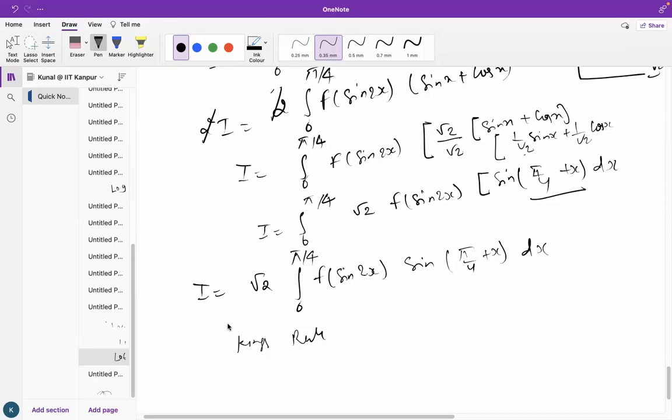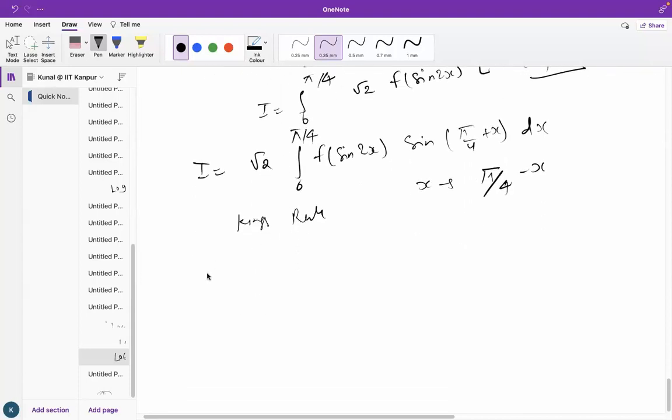So just try to analyze what I'm trying to do, right? Let me proceed here. I have to apply the King's rule here. So let's apply King's rule. Just replace x by upper limit plus lower limit minus x, like pi by 4 minus x here.